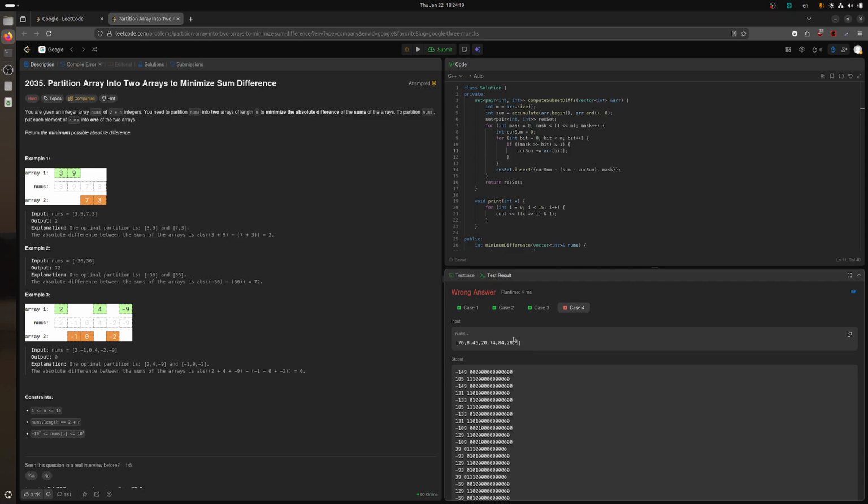So in one we put 45 and 20. No, we put 76 plus 8 and then 84, and then in the other half we put 45 minus 20 minus 74 minus 28 minus 1. So that should work, I guess.